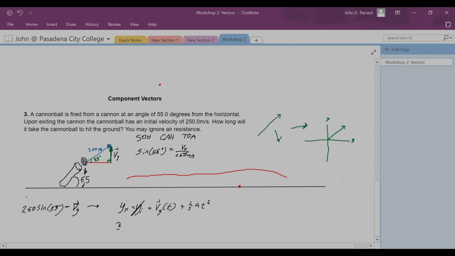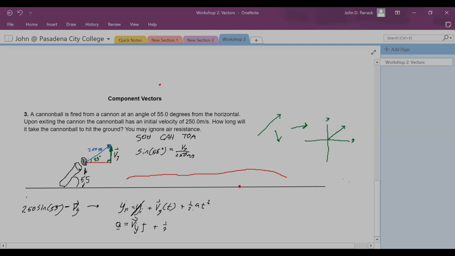So we've got 0 is equal to Vy t. All right. Sorry, my tablet keeps kind of freezing up a little bit. It's going a little slow today. And then 1/2. And I'd like us to think about what is the source of acceleration here, right?